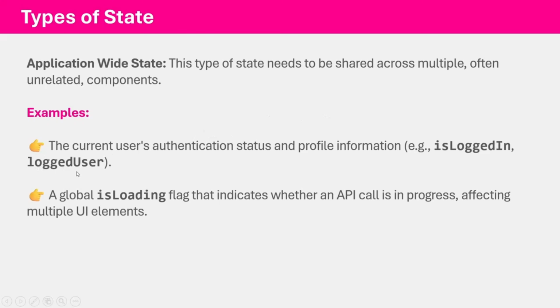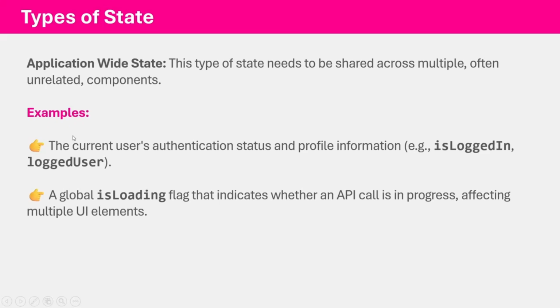And also this is loading state, it is also a global state because we might want to show a loading indicator in multiple components. For example, when we are fetching a list of products, at that time also we might want to show a loading indicator. And when we are fetching, let's say, all the orders, at that time also we might want to show the loading indicator. So we might want to render a loading indicator in the UI from multiple components.